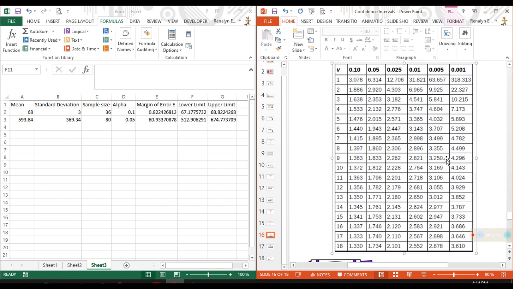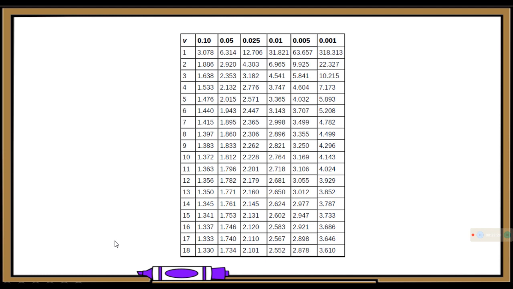You will see 3.250. Sana nakikita nyo siya. Nasusundan nyo yung cursor ko. So, ito po siya ha, 3.250. Zoom in ko siya, tapos lagyan ko ng annotation para mas madali nyong ma-look up. So, DF.